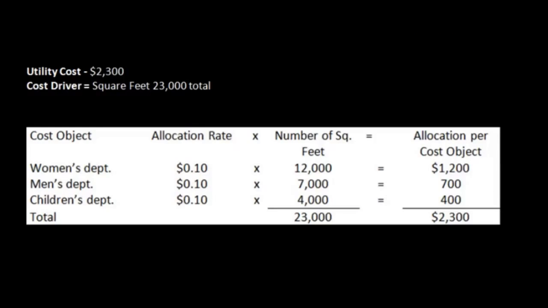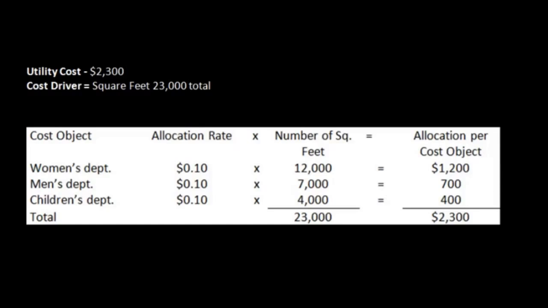So I have a utility cost out here. It is $2,300, and I've decided to allocate this based on square footage, the number of square feet that the department takes up, because if you take up more square footage, then you are going to use more utilities. So that's how the utility cost should be allocated. At least that is one way you can do it, and also it's more controllable.